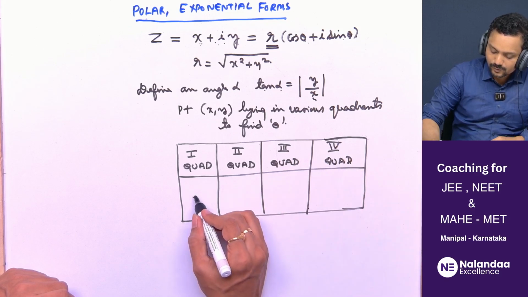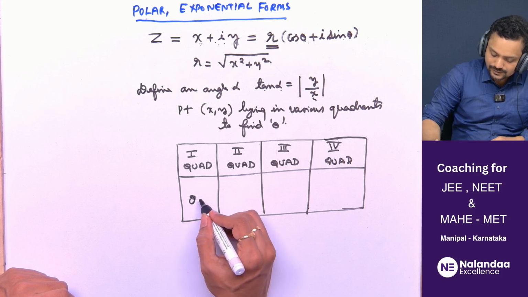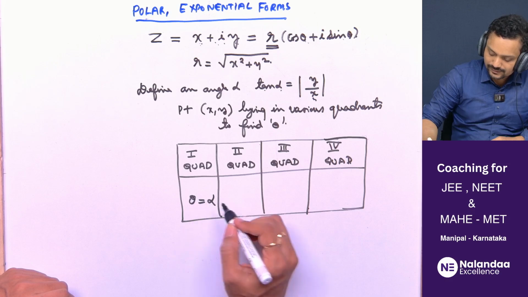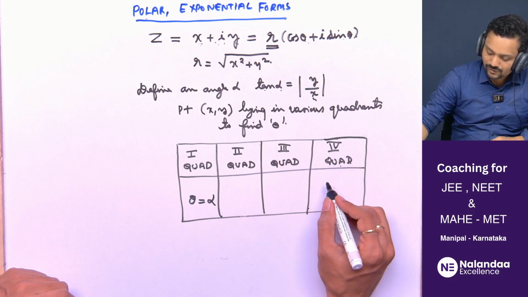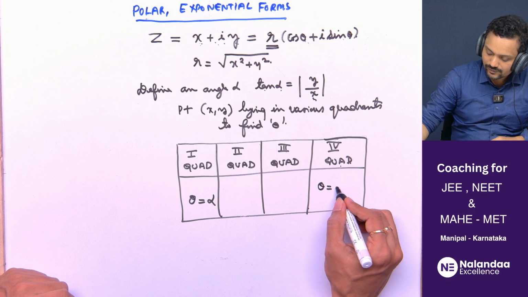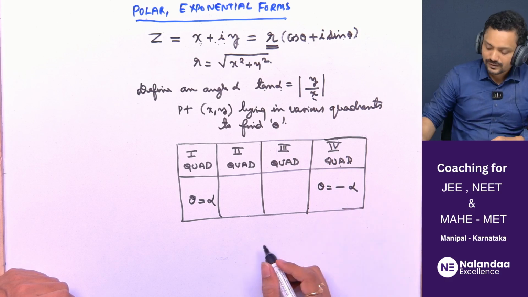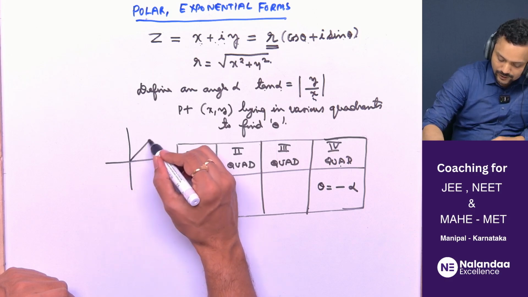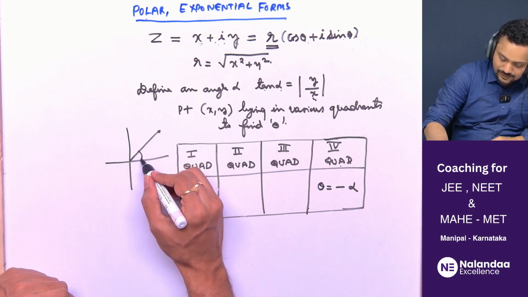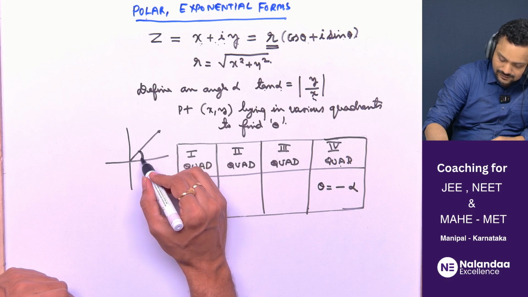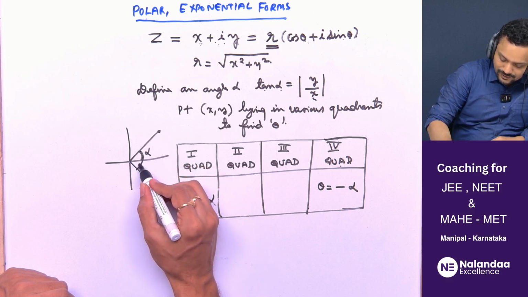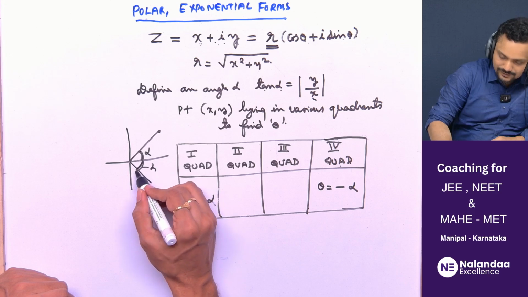If the point is in the first quadrant, theta will be equal to alpha. So take it like this, and if the point is in the fourth quadrant, theta will be equal to minus alpha. Here, okay, because you can see if the point is in the first quadrant, this will be, let us say, alpha; if the point is in the fourth quadrant, this same angle will be taken as minus alpha.